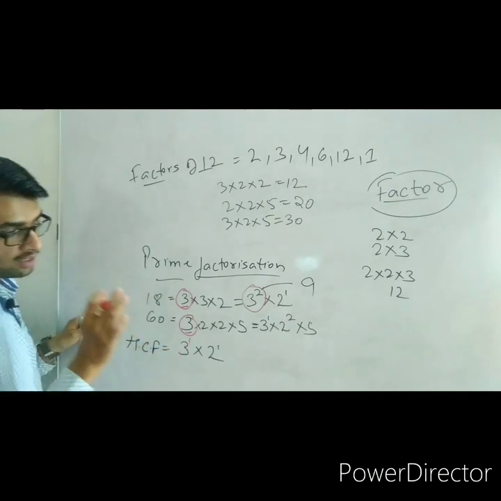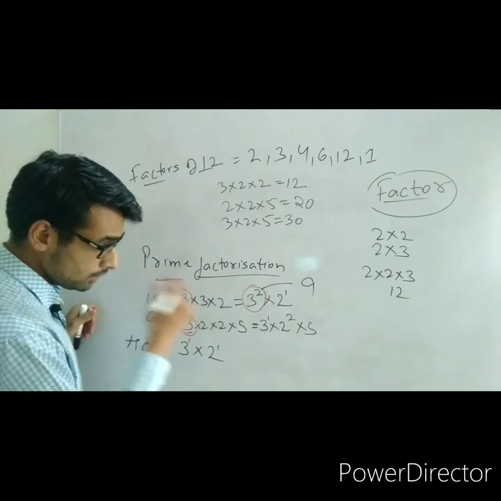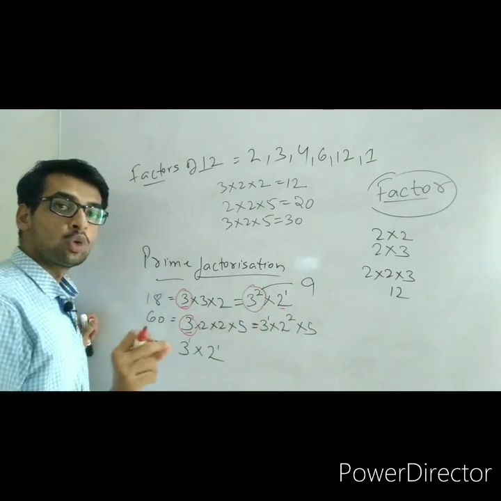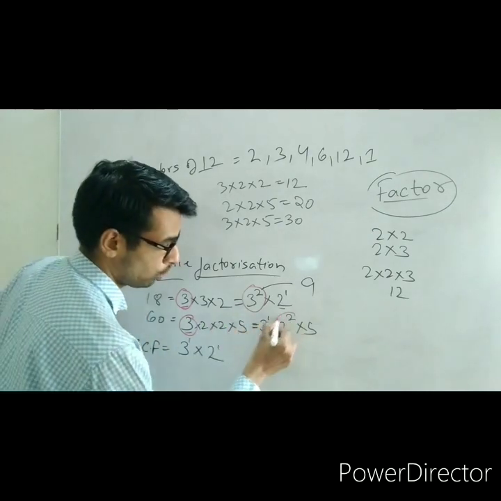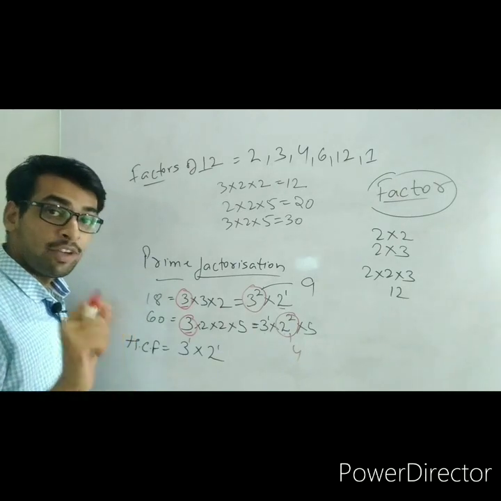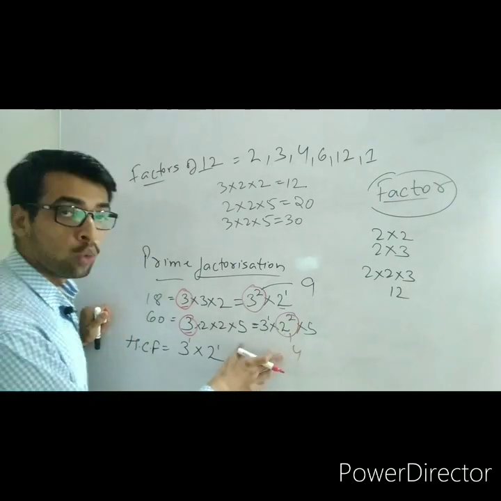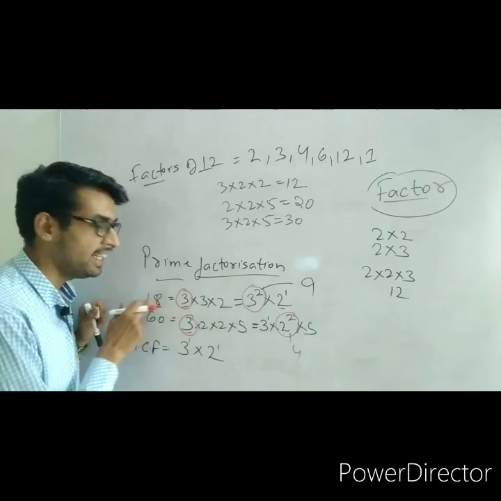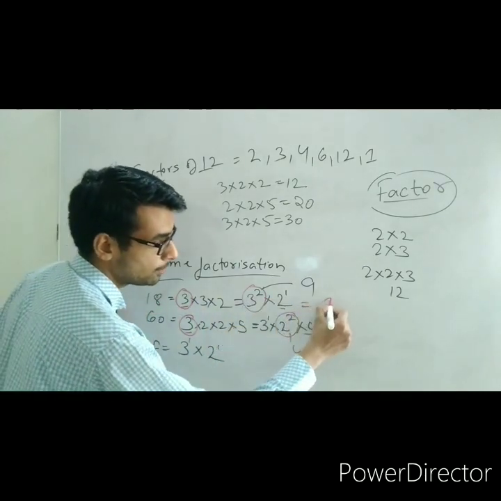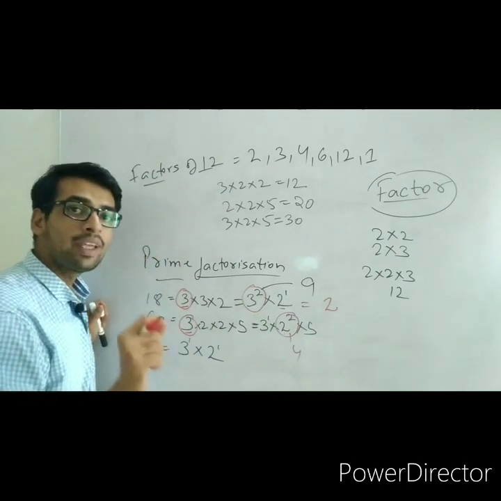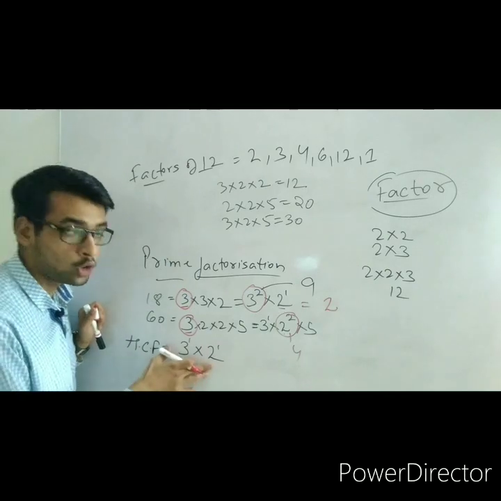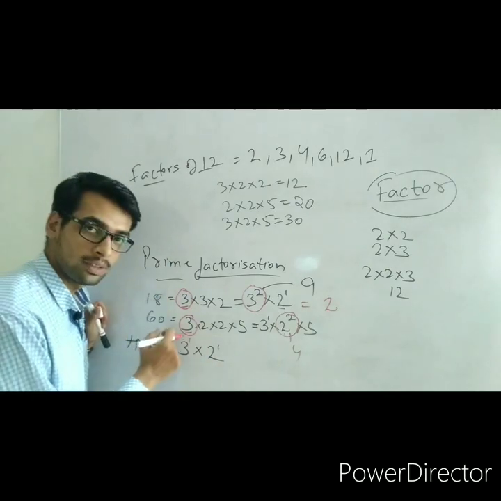It is the same with 2: we have 2 raised to power 1 and 2 raised to power 2. If we choose 2 raised to power 2, which is 4, as a common factor, we cannot, because 4 can only divide 60, 4 cannot divide 18. But 2 raised to power 1, which is 2, the lowest power, can divide both these numbers, so we choose 2 as a common factor of these two numbers.